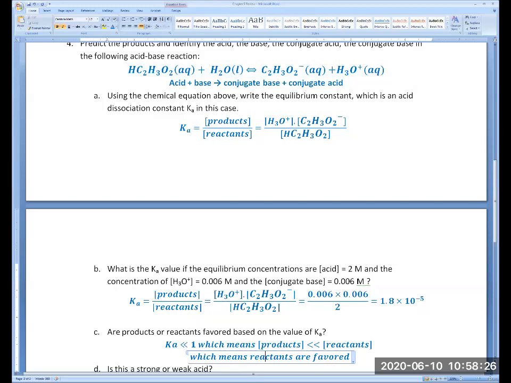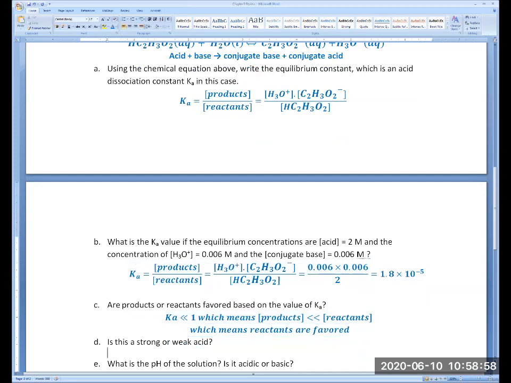It's a weak acid, very weak acid, because it's dissociating in a very small proportion, right? It's mostly the acetic acid, the neutral molecule, and then only a small proportion of ions. So it's weakly conducting the electricity. It's weakly dissociating. Only a small fraction is dissociating. So that's definitely a weak acid.